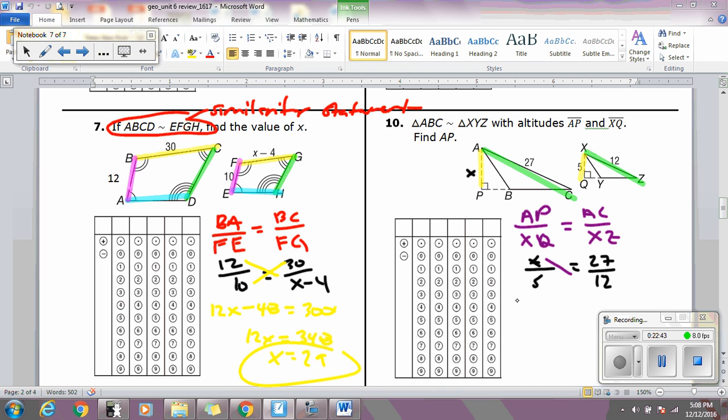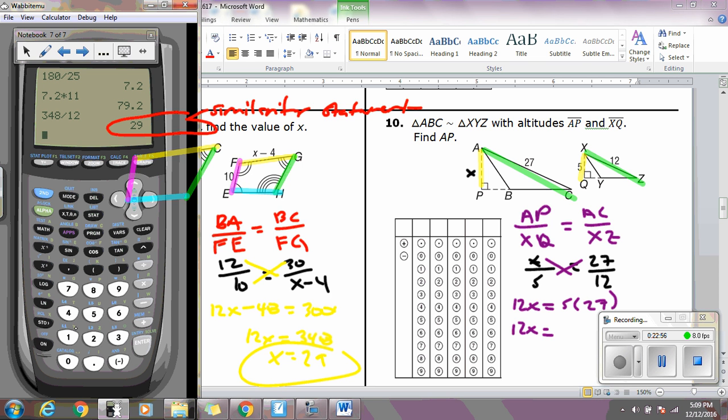So 12 times x is 12x. Set it equal to 5 times 27, which is 135. And then you're going to divide that by 12.